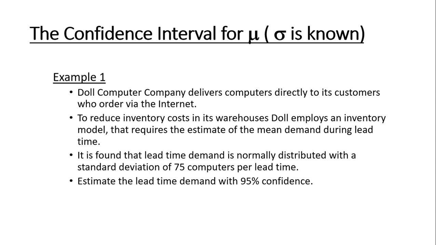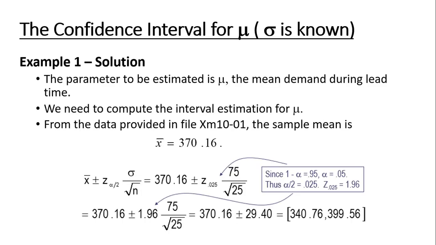Let's look at another example and how this is done. We have a standard deviation of 75, and we want a confidence level of 95%. Let's pick arbitrarily that the mean of that process is 370.16. We substitute the necessary values there. At 95%, this will give you 1.96.